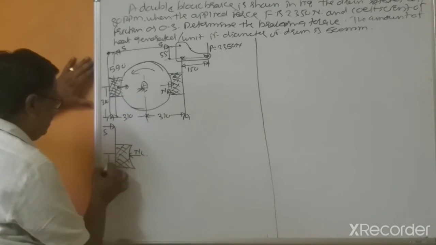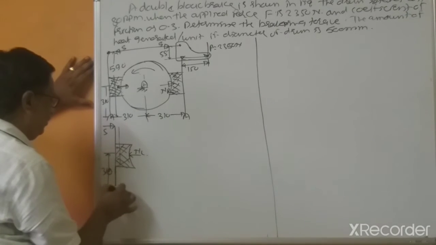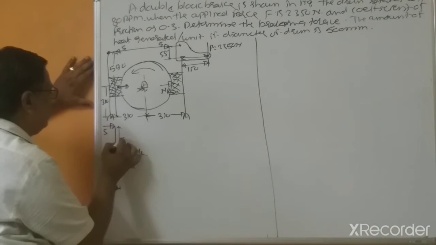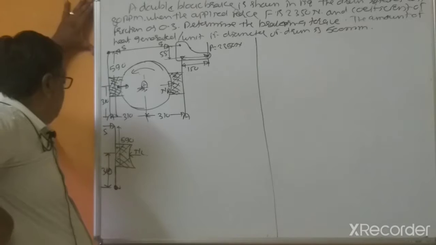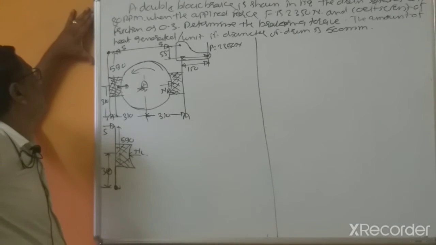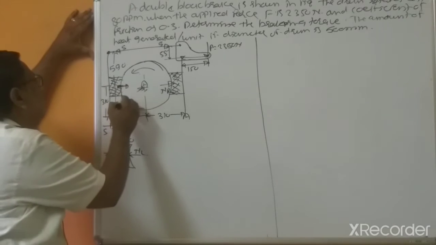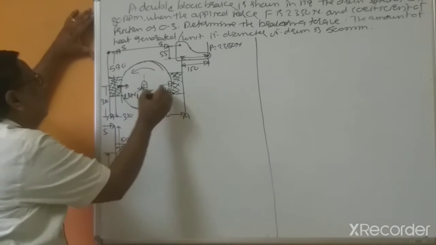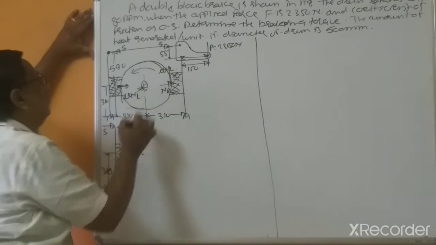So this distance is 310, and this is total 590. Another force: because frictional force occurs here, this is frictional force mu NL, and here mu NL opposite.